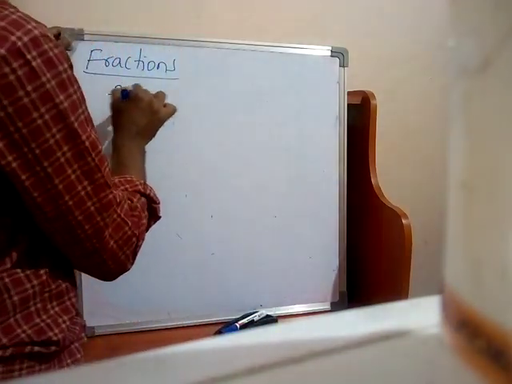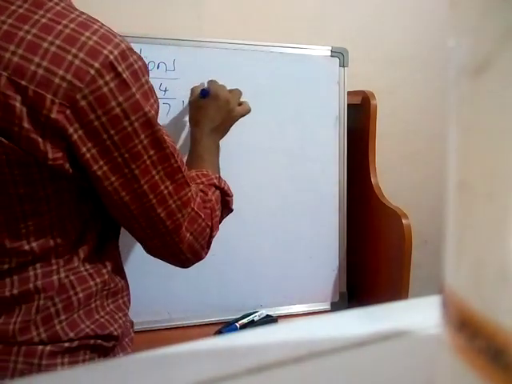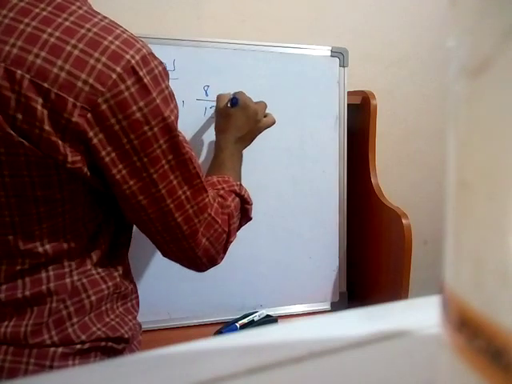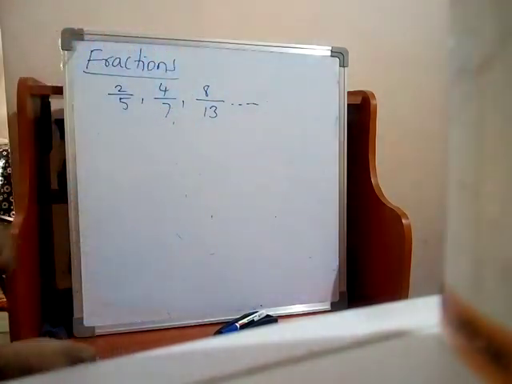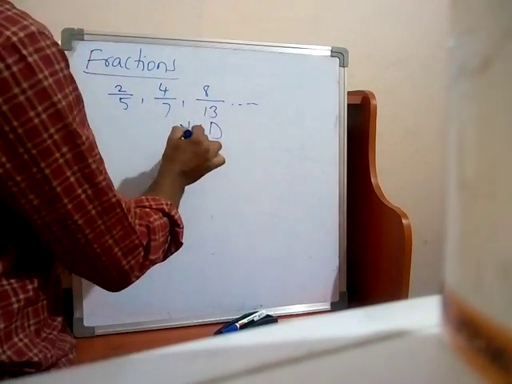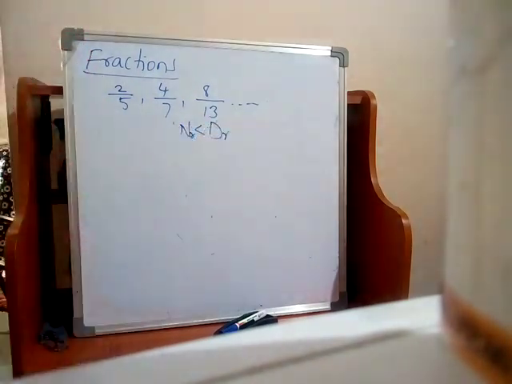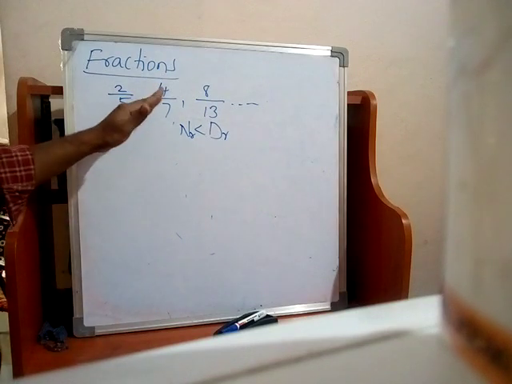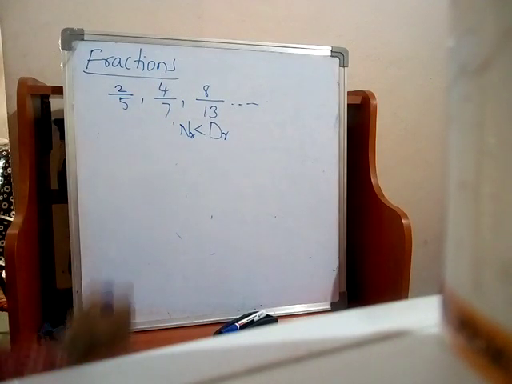So 2 by 5, 4 by 7, 8 by 13 are proper fractions. Why? Because the numerator is less than the denominator. Such types of fractions are called proper fractions.